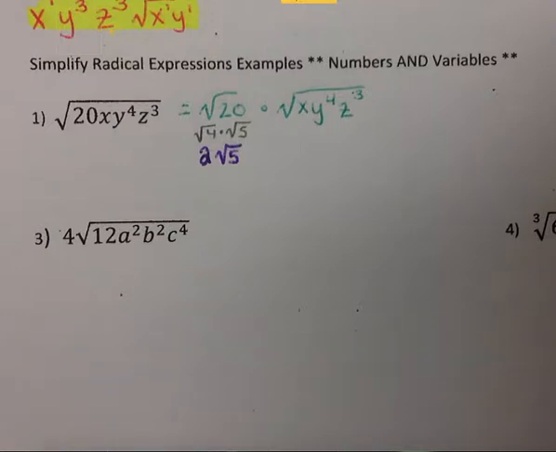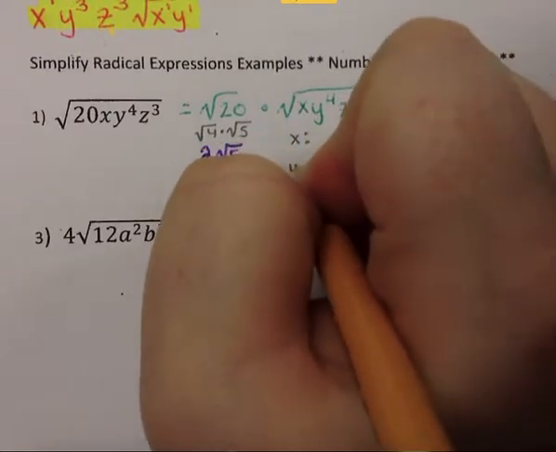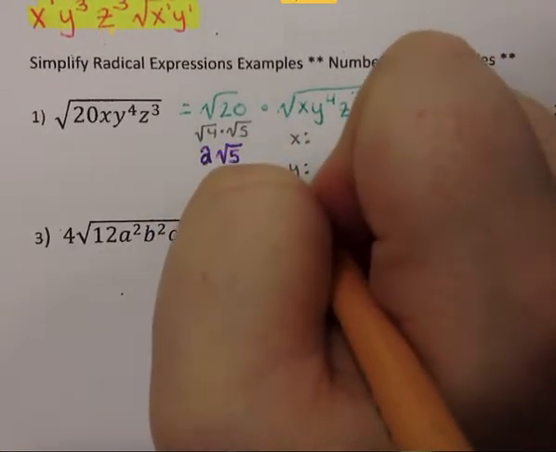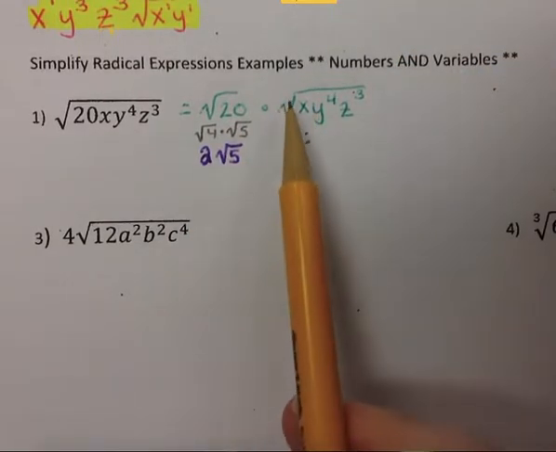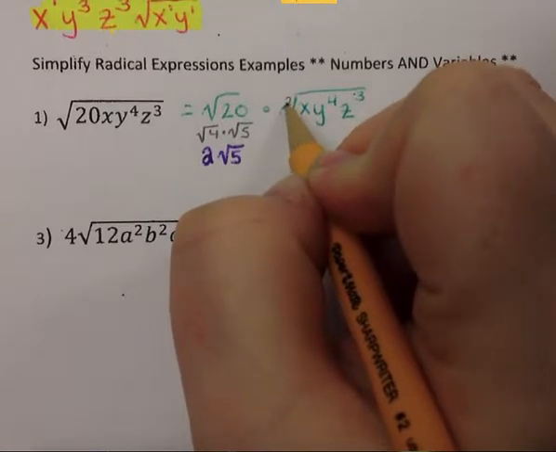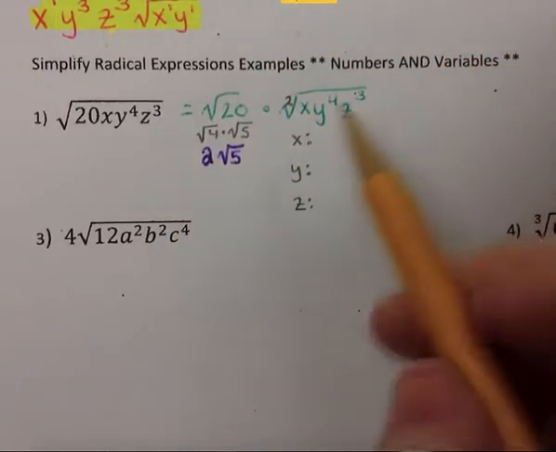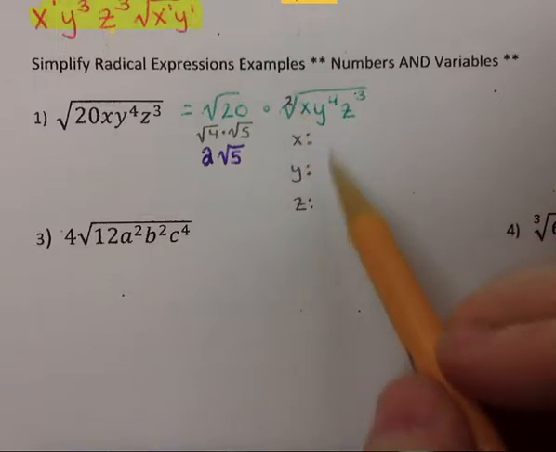And now I look at the letters. So I can write out the x's, the y's, and the z's. Now I look at my index, which in this case is nothing written there, so I know it has to be a 2 because it's the square root. And I can determine if I can simplify or not.